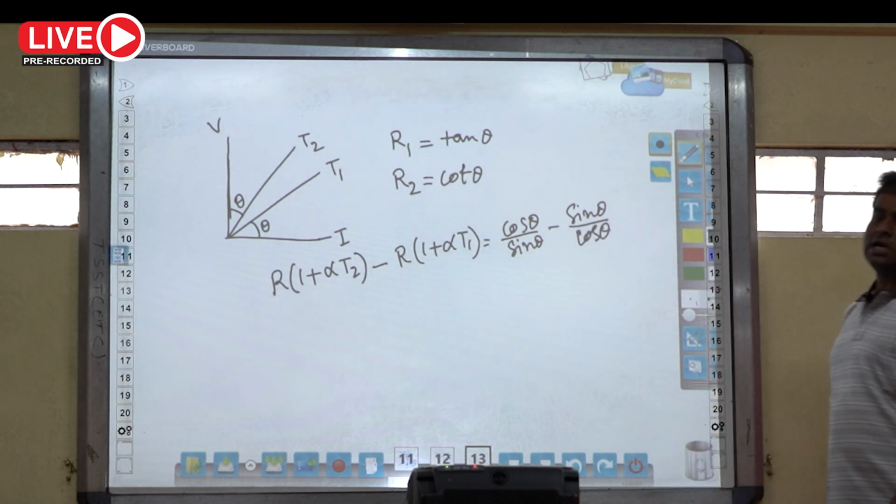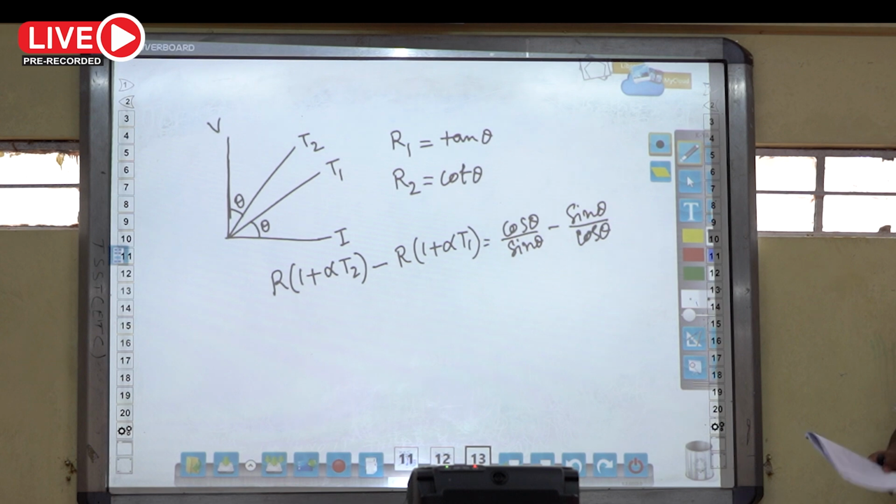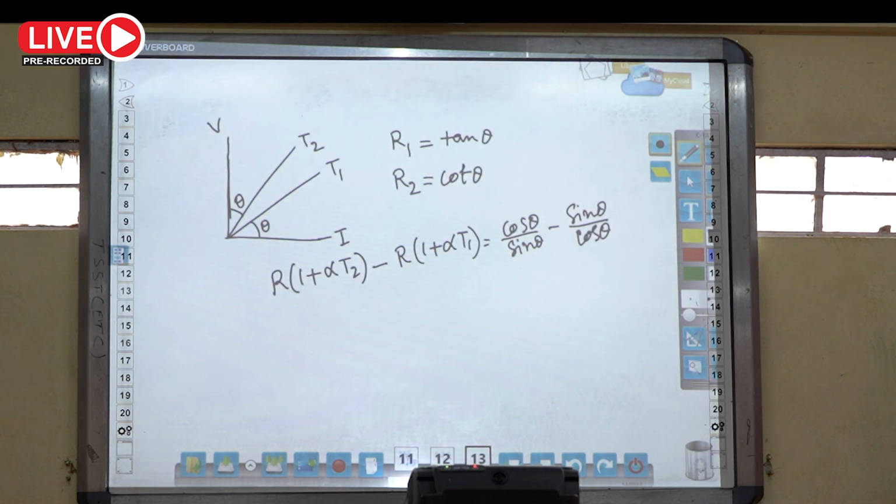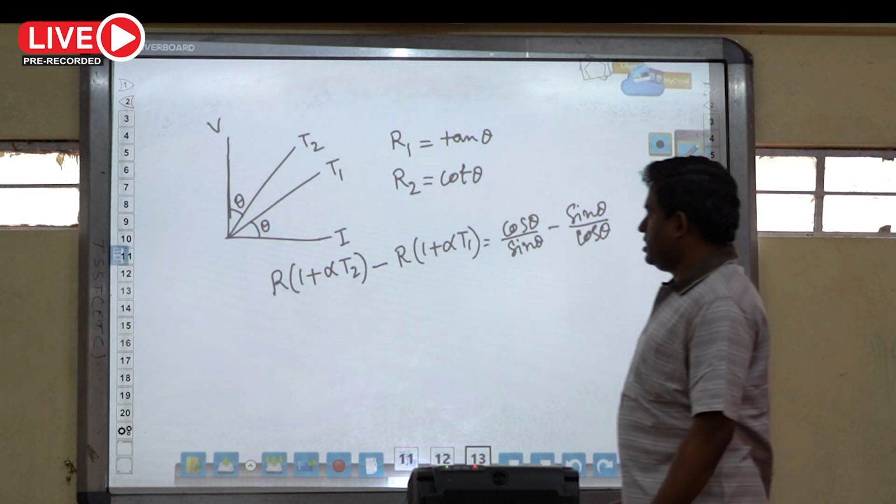So we just subtract R2 minus R1. R2 is R into 1 plus alpha T2 and R1 equal to R into 1 plus alpha T1. Alpha is the temperature coefficient of resistance, where R is the resistance of the conductor at 0 degree Celsius. Clear?